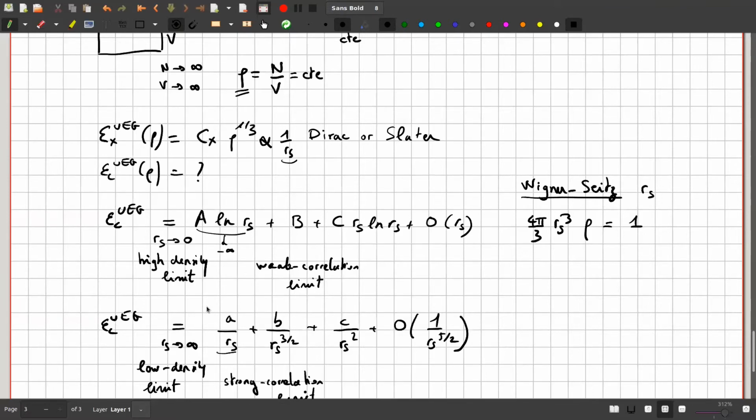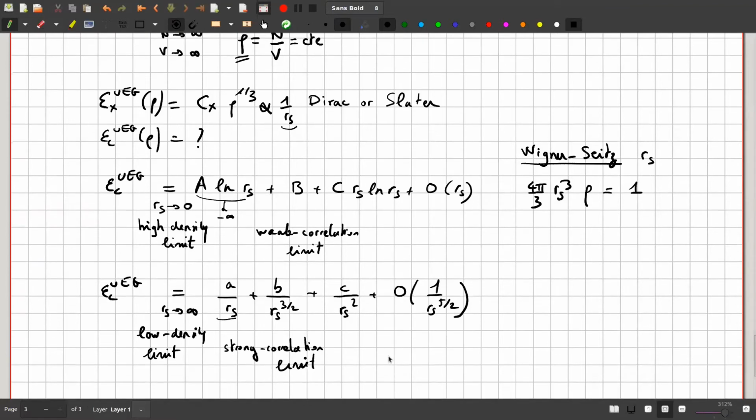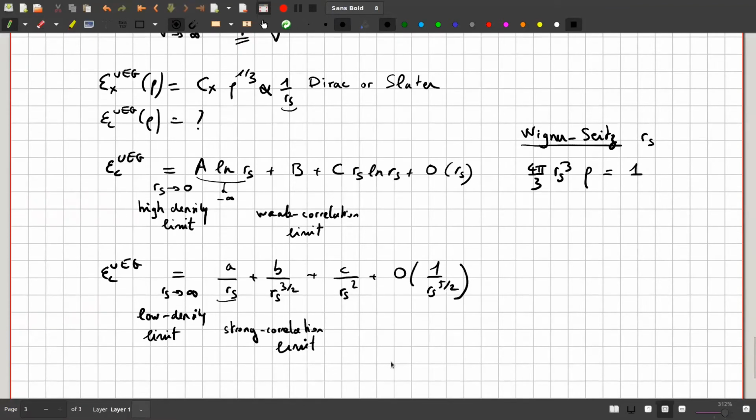So it goes faster to 0. So this is the strong correlation limit. And in fact, the correlation effects are so strong in this limit that the electrons crystallize in a Wigner crystal. Okay, they are on a lattice. And you have to consider this crystal in order to find these coefficients.